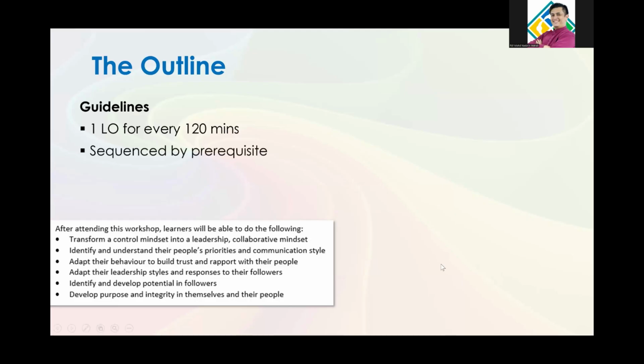Number 2, we sequence the learning objectives by prerequisite. I want you to read the 6 bullet points and tell me, can I put the 6th bullet point first? Or can I put the 5th bullet point first? Yes or no? Can I rearrange them? Will it make sense? What do you think?